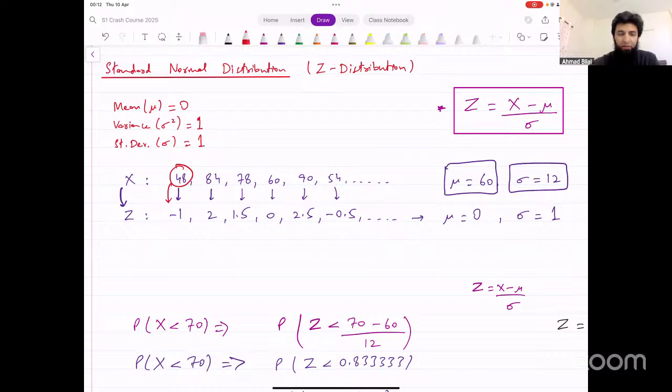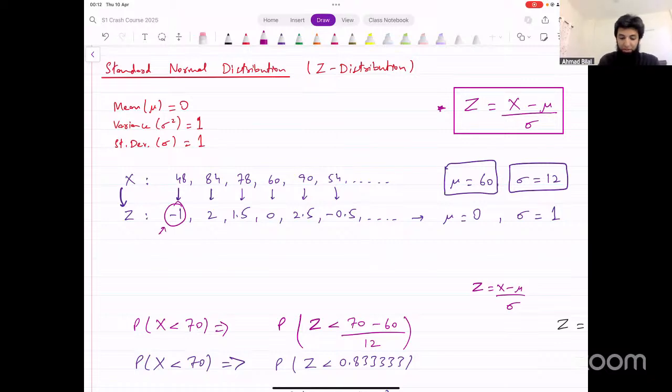What's 12? 12 is the standard deviation of this data. So if we subtract one standard deviation from the mean, we get 48. The z value that we get from this is -1.